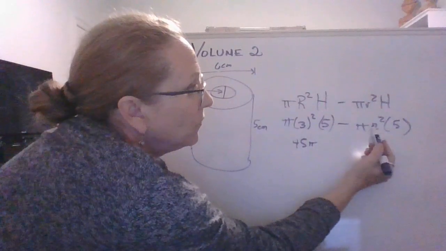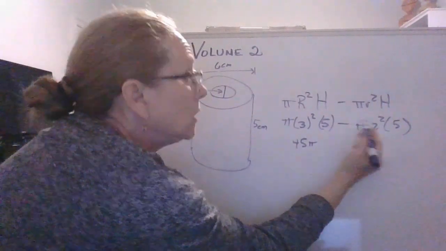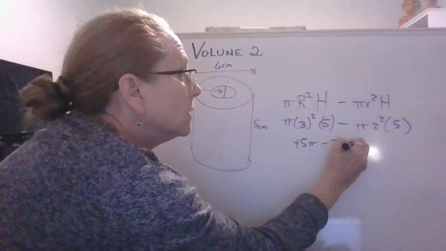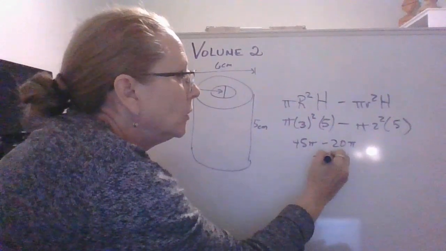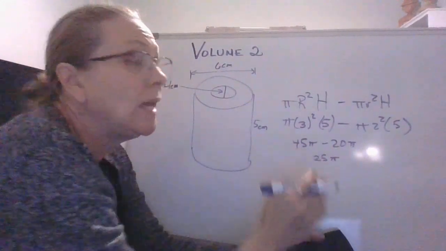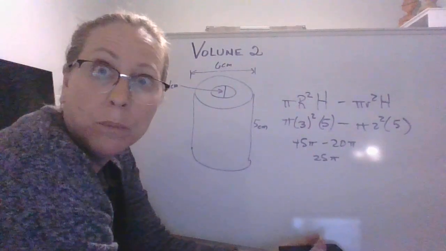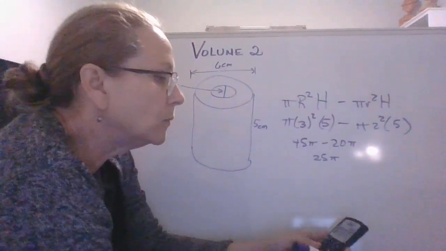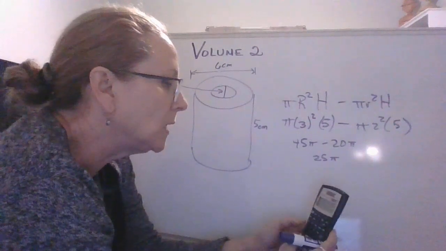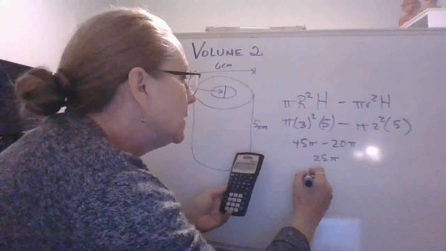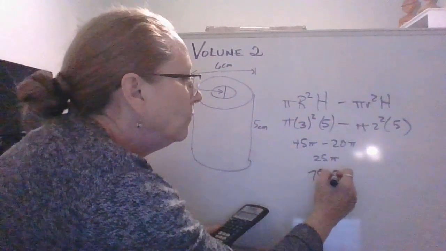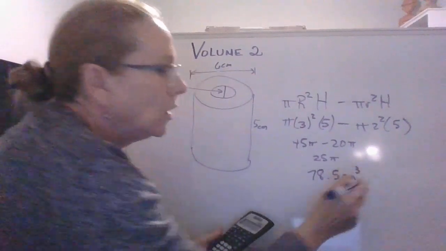Here I've got 5 times 4, 20 pi. So all I really need to put in my calculator is 25 pi. And by the way, if they said to answer in terms of pi, it would be 25 pi centimeters cubed. So now let's just find out what that is. 25 pi is 78.5 centimeters cubed.